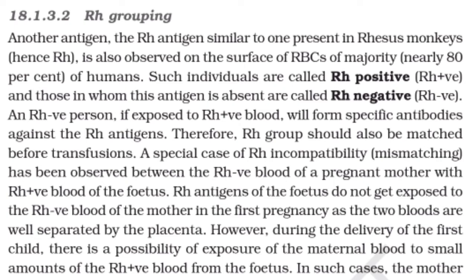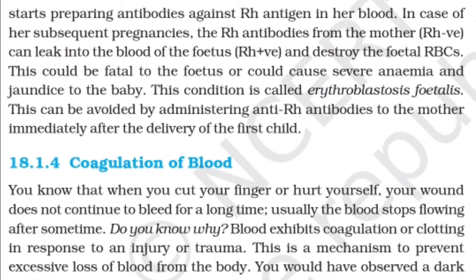In such cases, the mother starts preparing antibodies against Rh antigen in her blood. In case of her subsequent pregnancies, Rh antibodies from the mother (Rh negative) can leak into the blood of the fetus (Rh positive) and destroy the fetal RBCs.